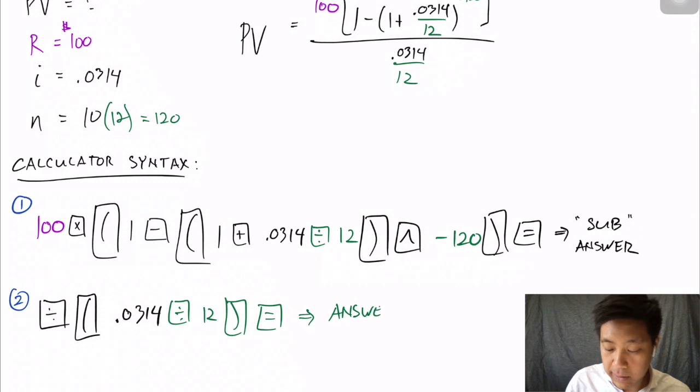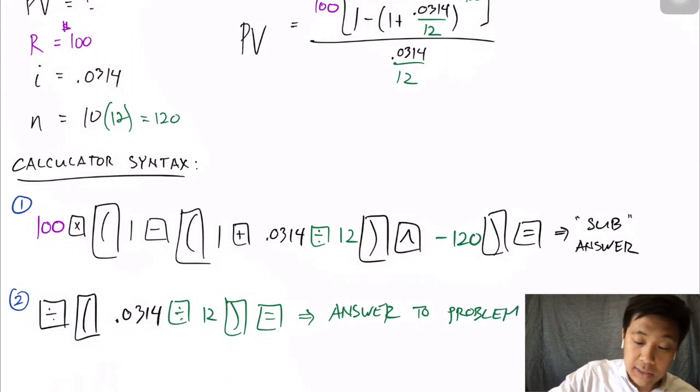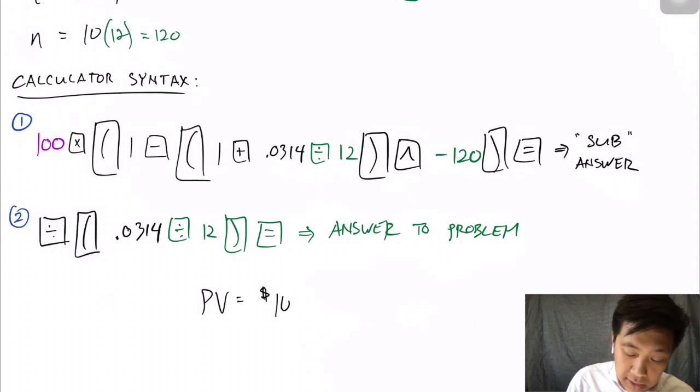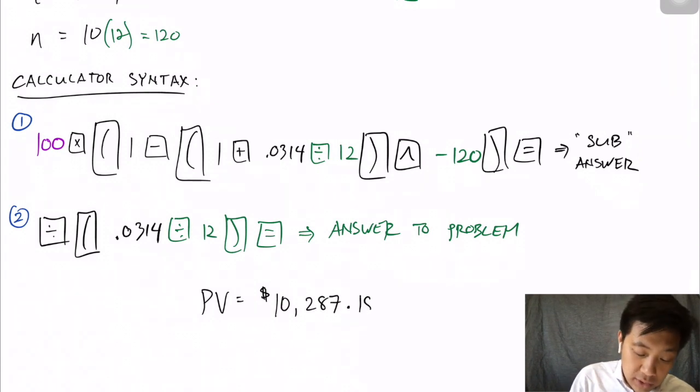Answer to problem. Now, of course, I did this in advance. So the answer that you should have gotten practicing this is the following. Present value is $10,287 and 18 cents. Now, what about the interest paid?